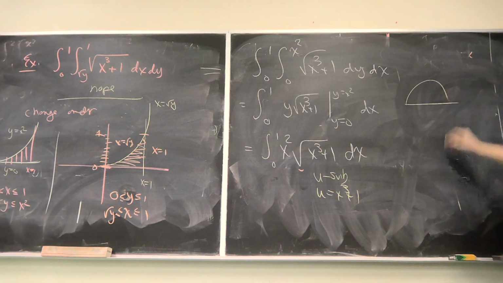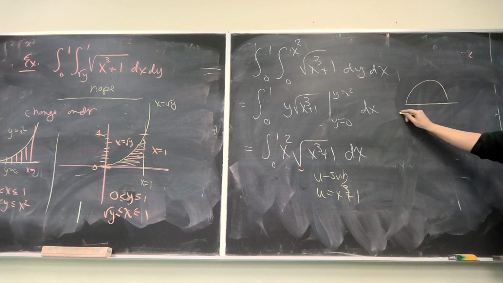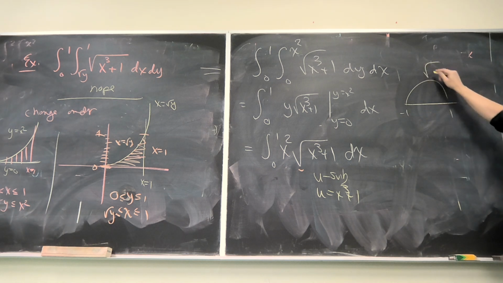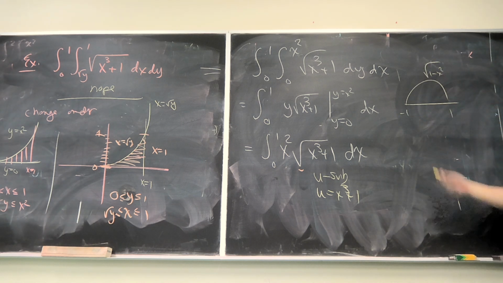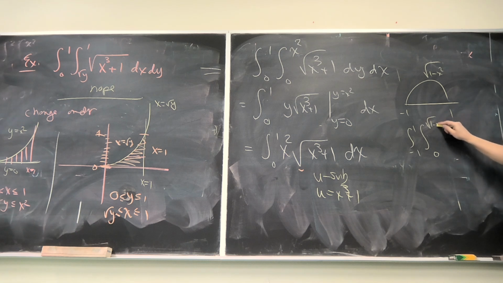Suppose I told you to integrate something over a circle. So now you've got, say, -1 to 1, and this function up here is the square root of 1 minus x squared. I don't know if I can use that in my limits of integration. An integral from -1 to 1 of an integral from 0 to the square root of 1 minus x squared of some function? Ugh. That sucks.